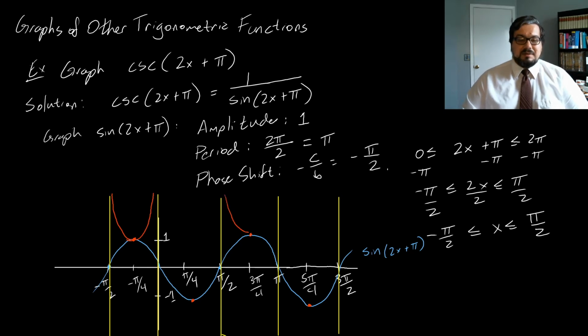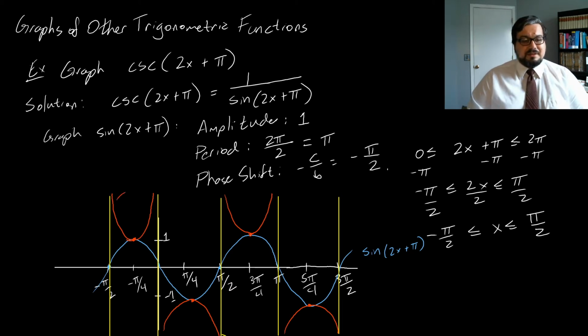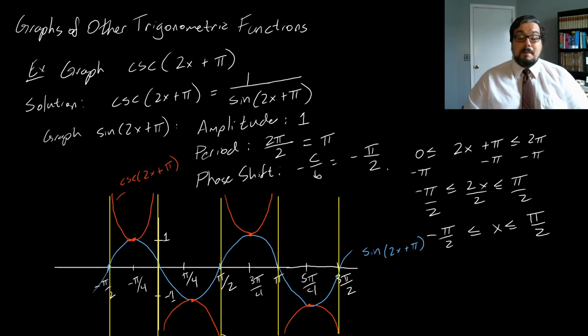Cosecant is going to come down, just barely touch the graph of sine at the peak or the valley, and then go back down like this. So we get that this red graph here is the graph of cosecant of 2x plus pi.